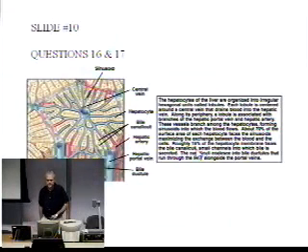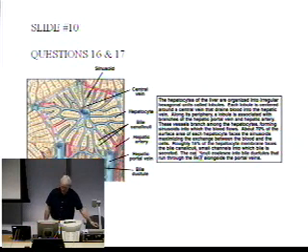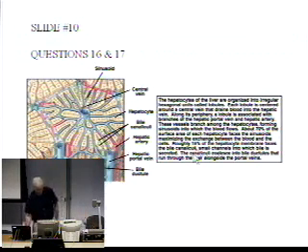Slide number 10 is for questions 16 and 17. Question number 16. We see a green-colored structure down here along one of the corners of this structure from the kidney.